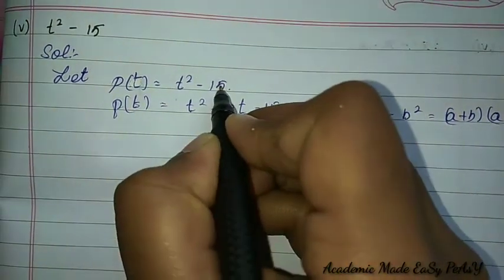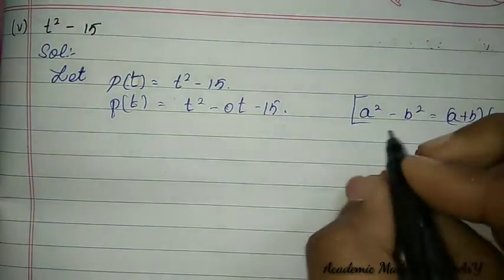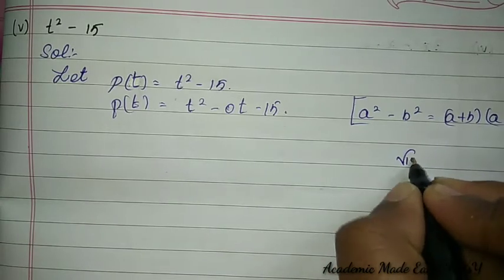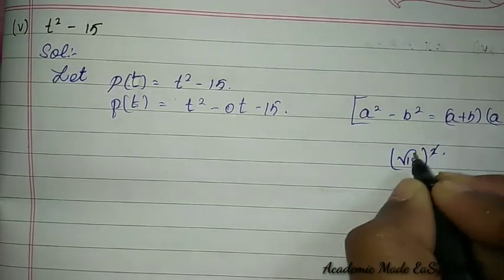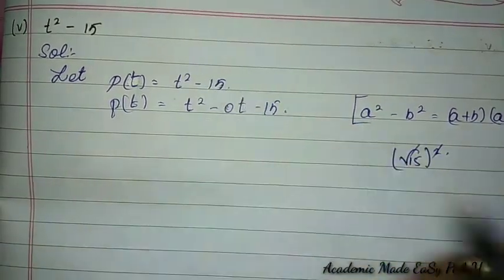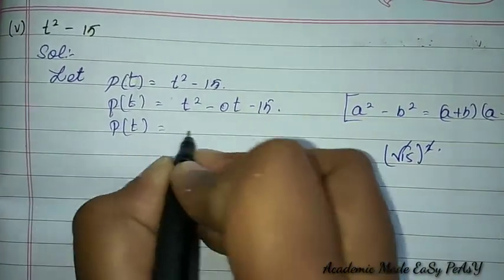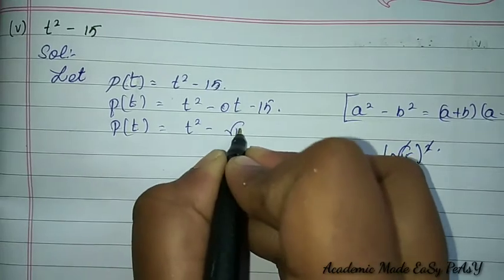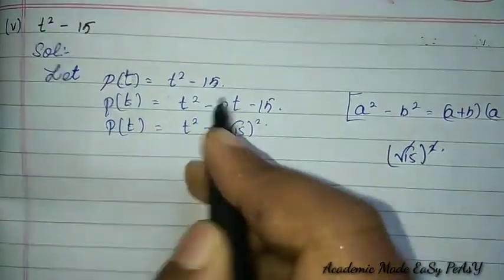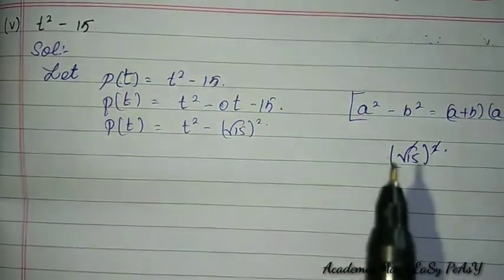So we will be taking this 15 as root 15 square. So this and this will get cancelled. So it is 15. So if we take it in such a way, p of t is equal to t square minus root 15 square. So this is of the form a square minus b square.